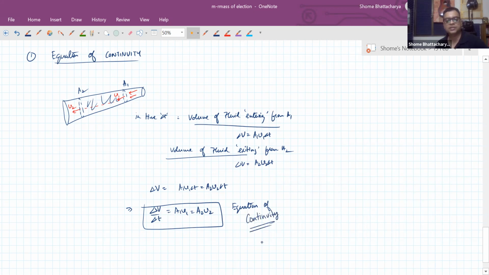And what it basically means is that there is a uniform volume rate of flow throughout the liquid in steady flow.